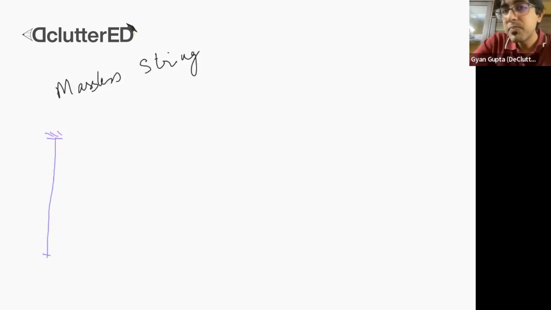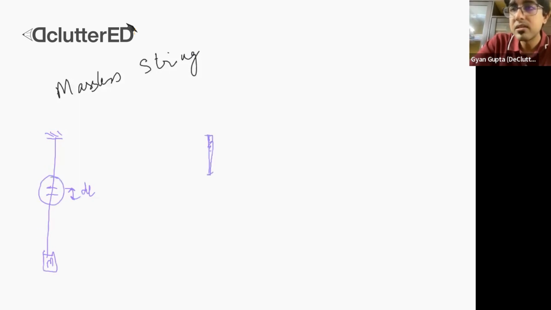Now, this portion of the string, if we look at under a microscope, would look something like this, right? There would be a tension element here. There would be a tension T plus some delta T. Now this delta T will tend to dT as this thing tends to 0.